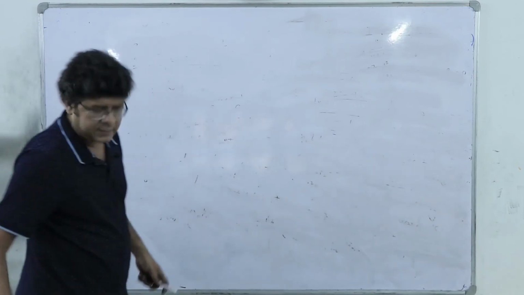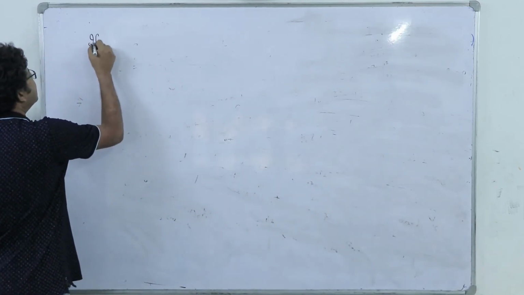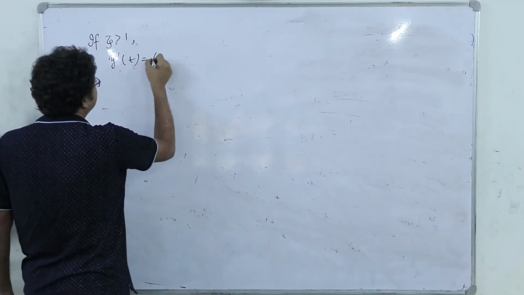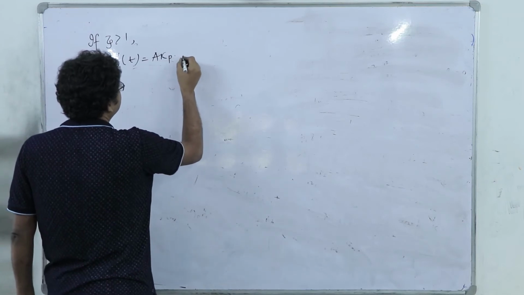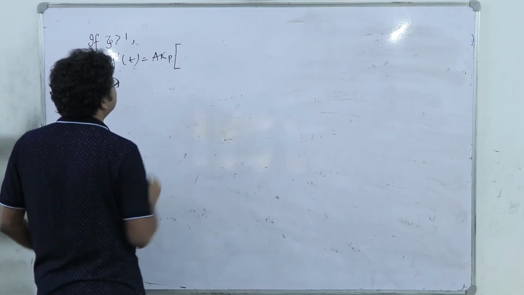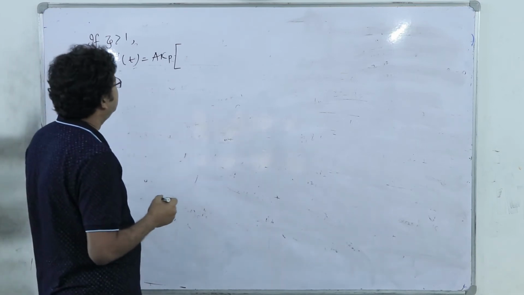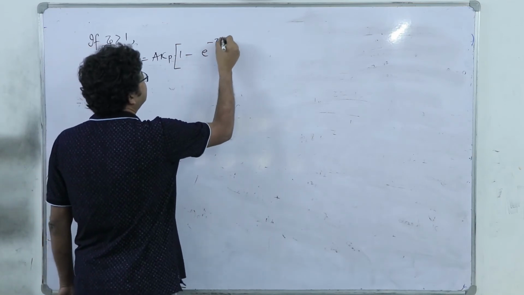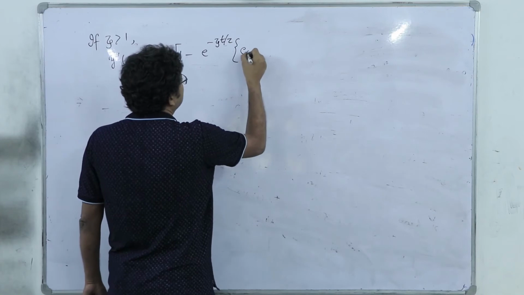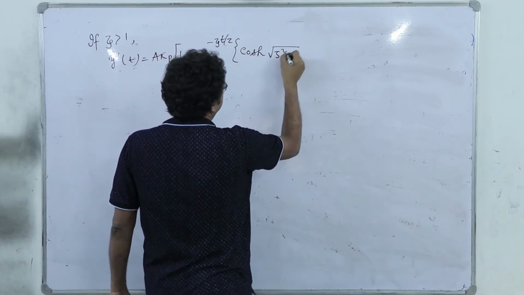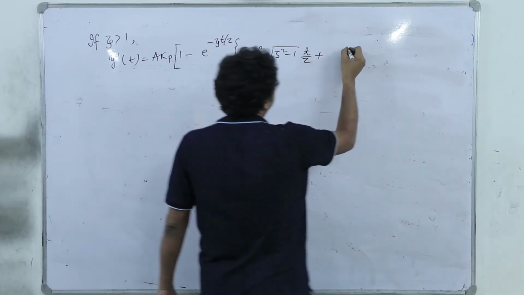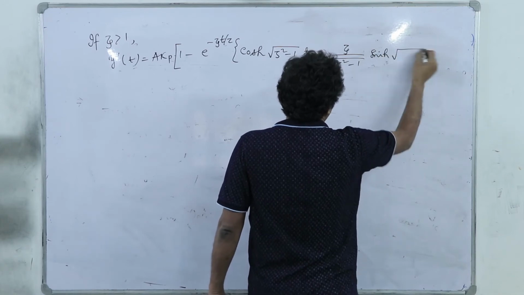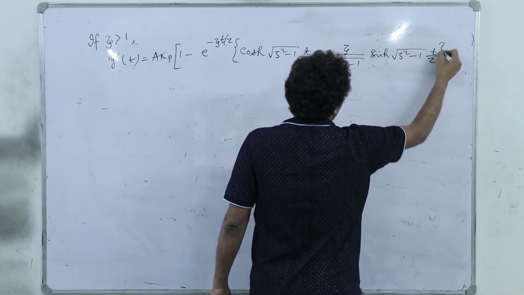So if zeta is greater than 1, right, y prime t is equal to A Kp into 1 minus e to the power minus zeta t by tau, cosh of square root of zeta square minus 1 t by tau, plus zeta divided by square root of zeta square minus 1 sinh of square root of zeta square minus 1 t by tau.